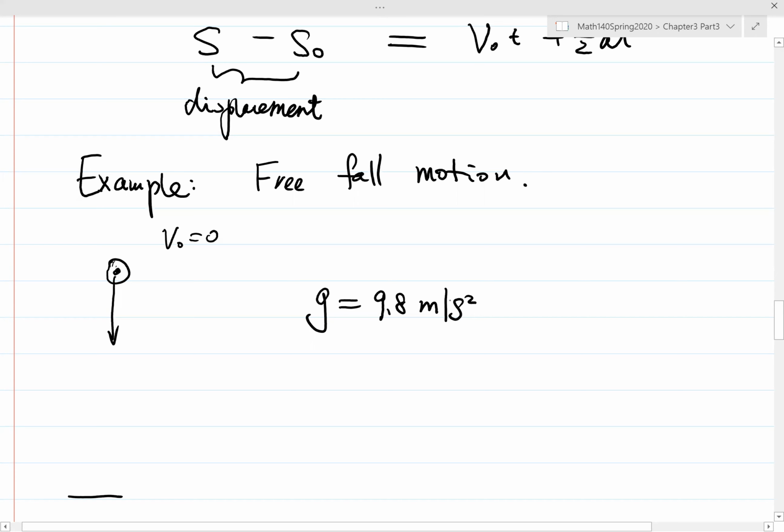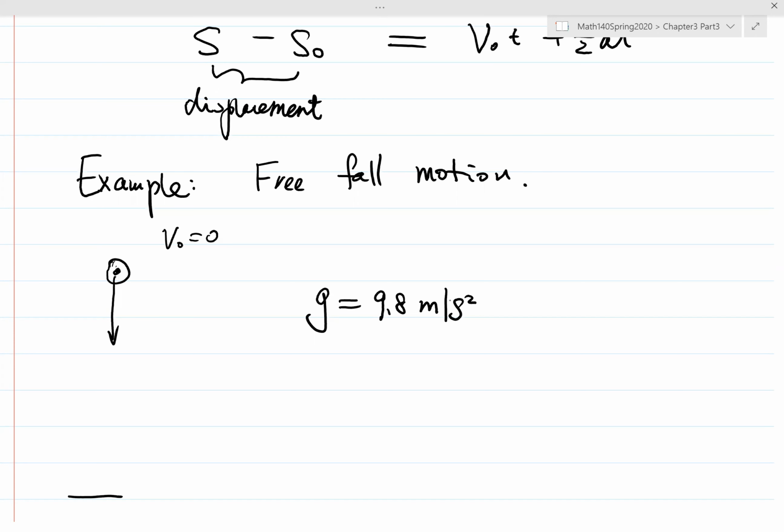The radius is bigger at the equator than at the north and south poles. Then the g in free fall motion is not exactly constant. So on the equator and at the north and south poles, g will be slightly different. But for convenience, let's just choose constant g.